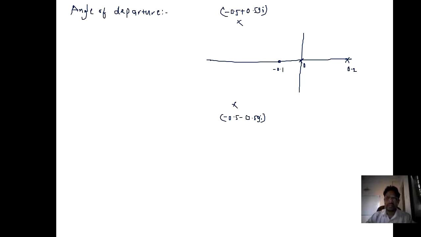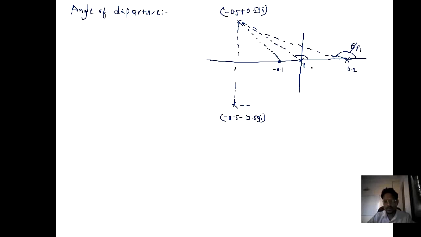So if we need to calculate the angle of departure at this pole, connect all these poles and zeros with a straight line. So this is the first pole, phi P1.